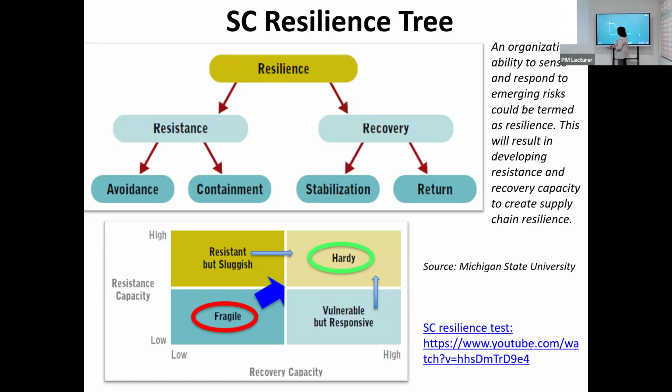Now suddenly you're coming down, a disruption, and to what degree you go down will determine how resilient your supply chain is, right? You come down impacted, but you don't hit rock bottom, and you quickly come back. How much time does it take to recover? Do you take such a long time?